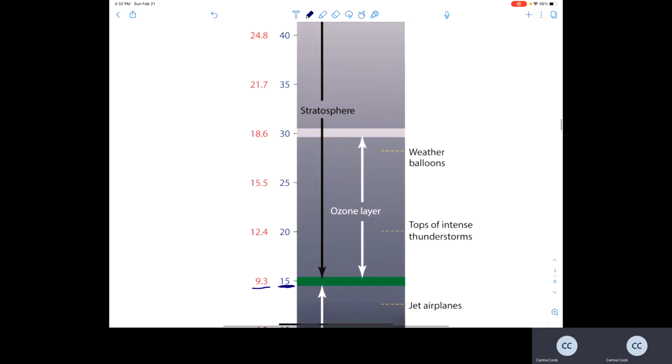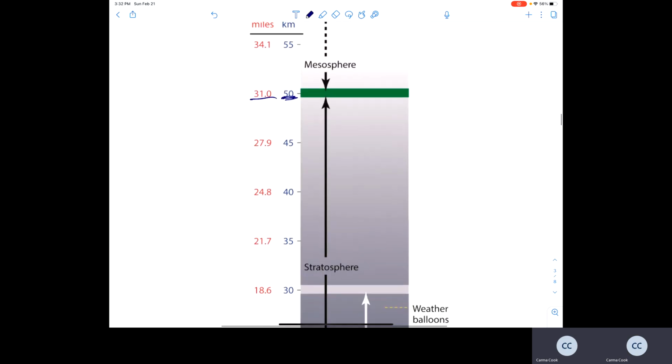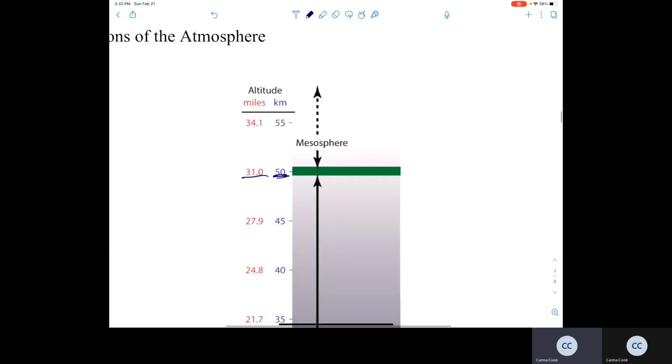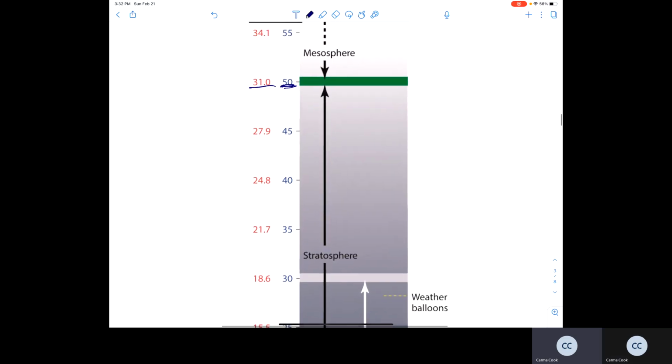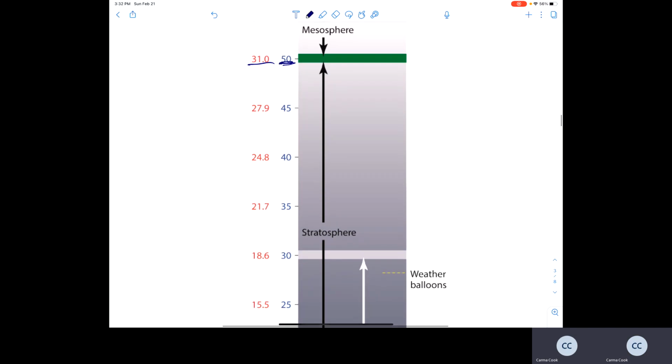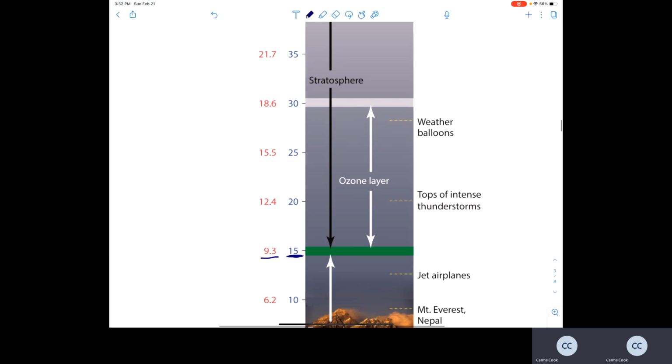And so the stratosphere ranges between 15 kilometers to 50 kilometers above the ground. And within the stratosphere, there's a very important layer called the ozone layer.